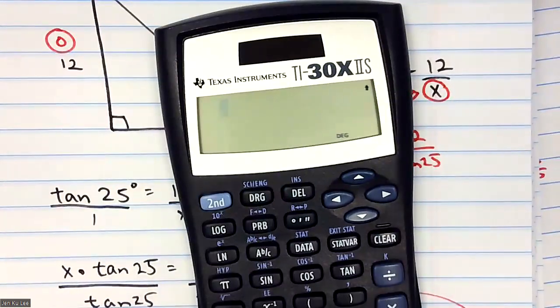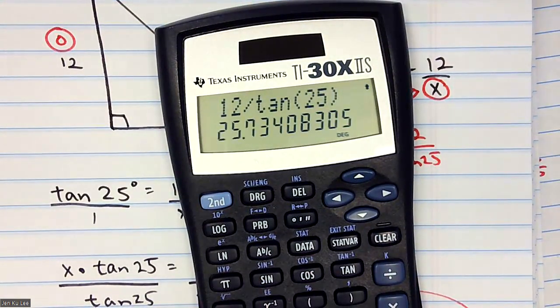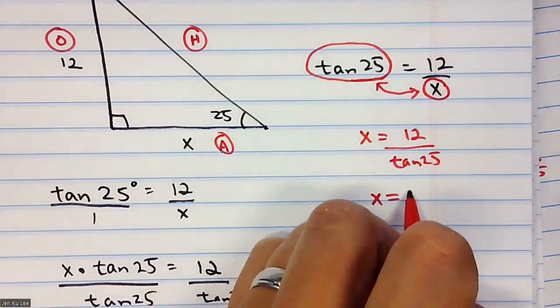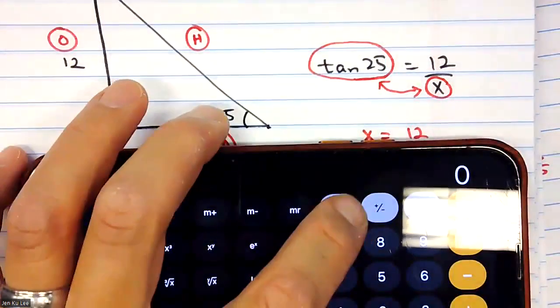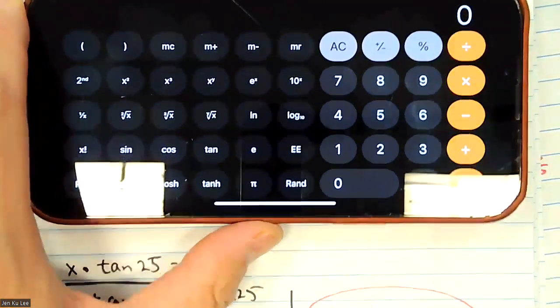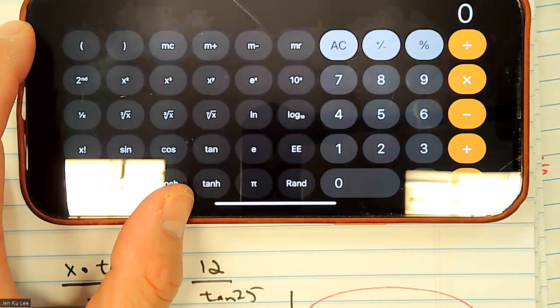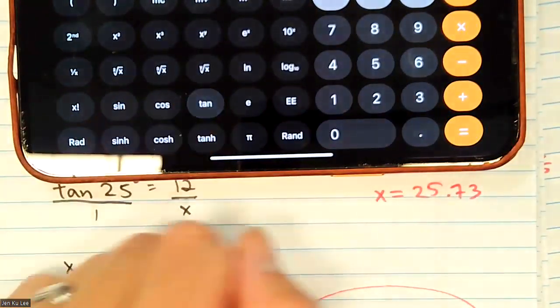So if we put that here, 12 divided by the tangent of 25, that's 25.73. So your x value is going to be 25.73. How do you do that on the phone? The most efficient way, so you don't set yourself up for failure, is to do the tangent of 25 first, okay?